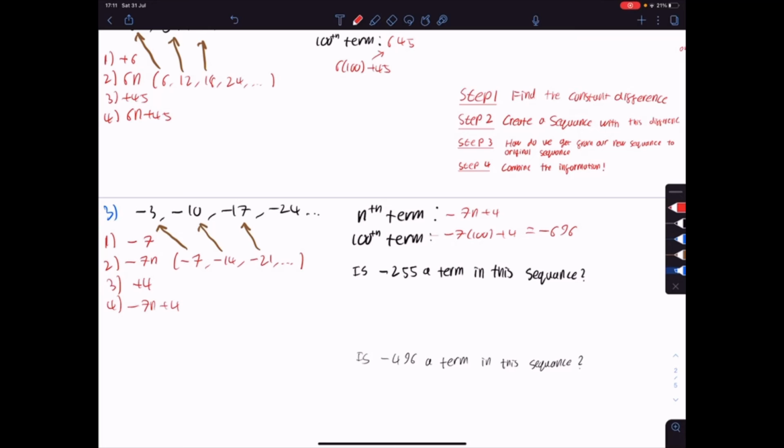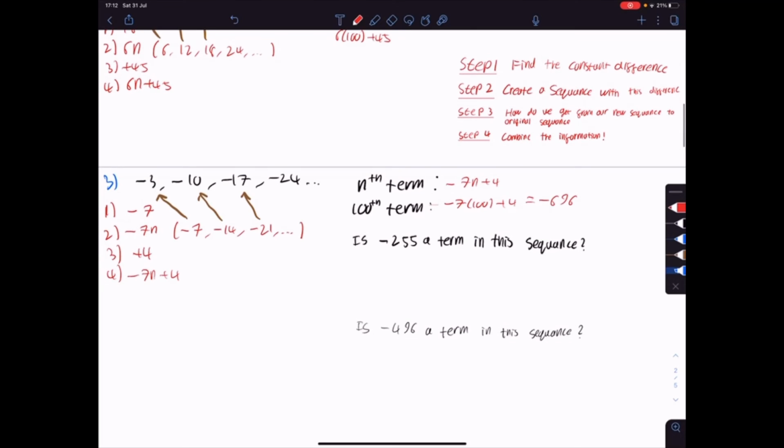Okay, so a couple more questions you could be asked surrounding this nth term, which are a bit trickier, are as follows. You could be asked something along the lines of, is -255 a term in this sequence? Well, if -255 was a term in this sequence, we would be able to write it down using our nth term.